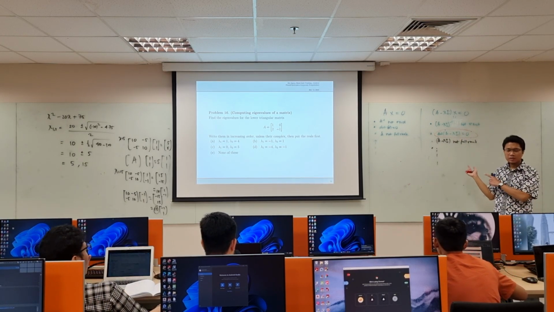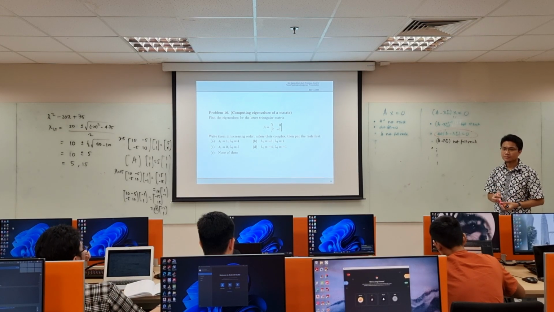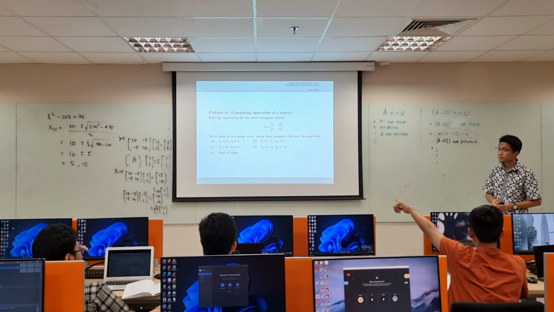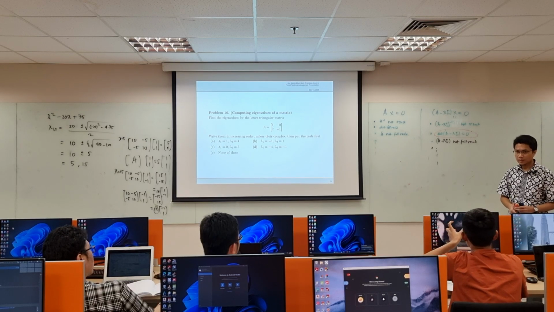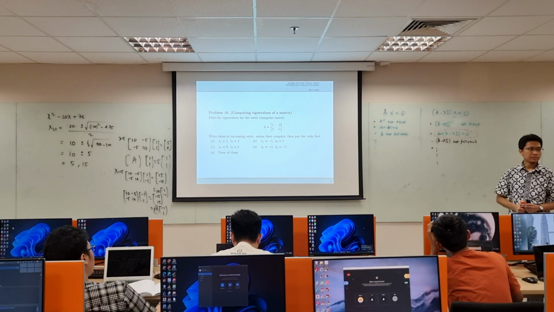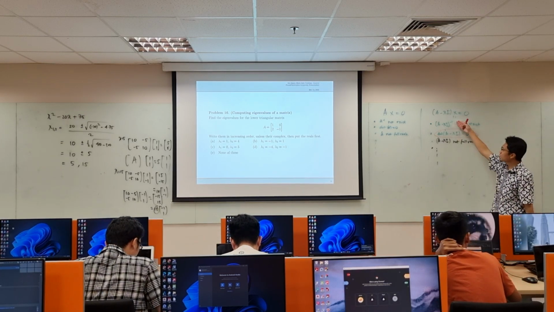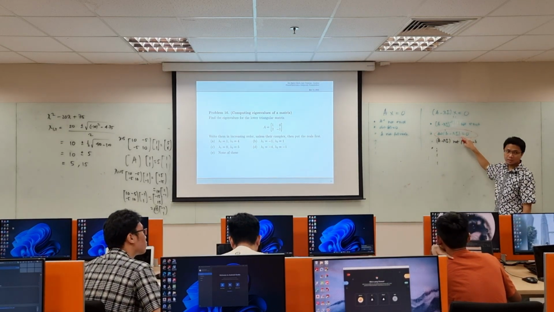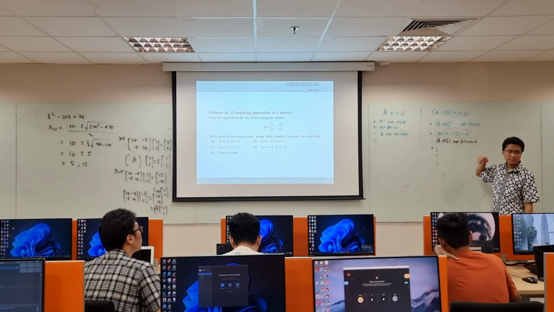From this equation, we compute the lambda. The only property that we can use easily is this property to find out the lambda.